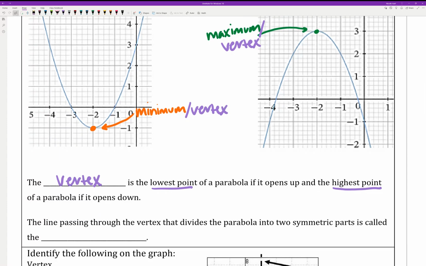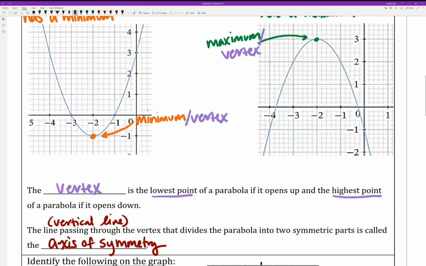Now that vertex also provides us with a line that vertically passes through the graph. That line passing through the vertex divides the parabola into two symmetric parts, and that is called the axis of symmetry. And this is again going to be a vertical line, so it's going to go up and down.